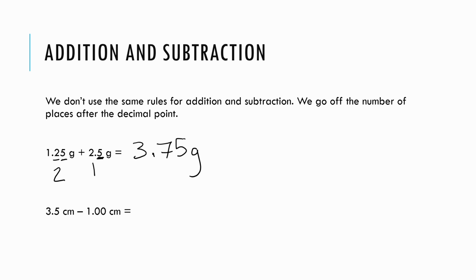So in this case, we have 2 places after the decimal and 1. We go off the least. So in this case, it's 1 place after the decimal. We're going to keep the 7. Just like before, we're going to look over here to see if we round. Now in this case, it's a 5.